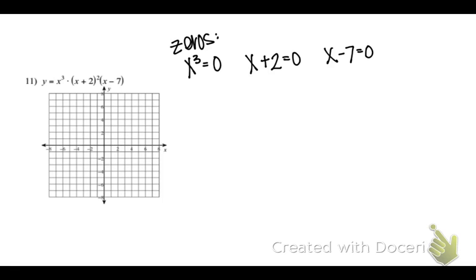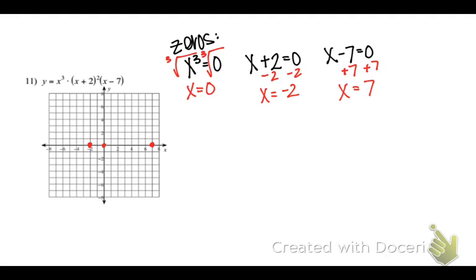Well, for x cubed equals 0, I could just cube root both sides, and the cube root of 0 is just 0, so we get x equals 0. Here I could subtract 2, and I get x equals negative 2. Here I add 7, and I get x equals 7. So I have a zero at 0, one at negative 2, and one at 7.